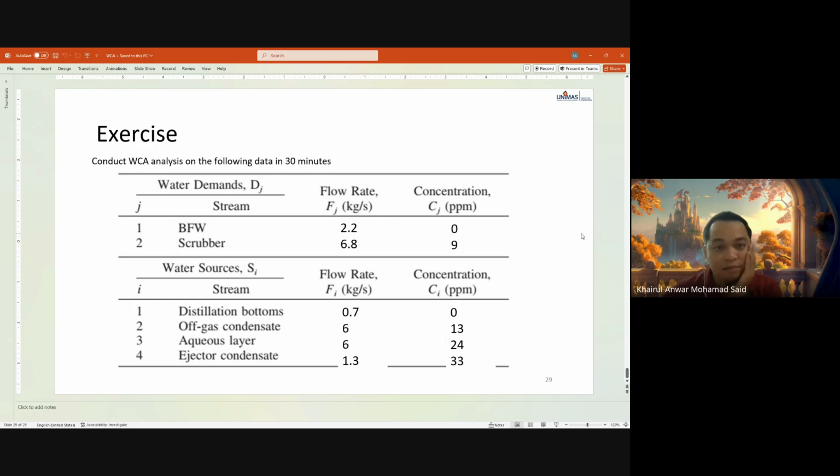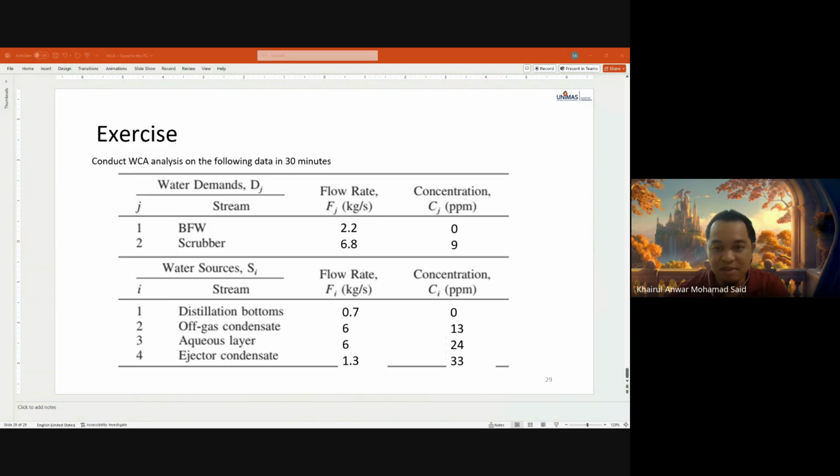So next, your task is to conduct the WCA for this exercise. It is easier to calculate this. So I give you 20 minutes including break.